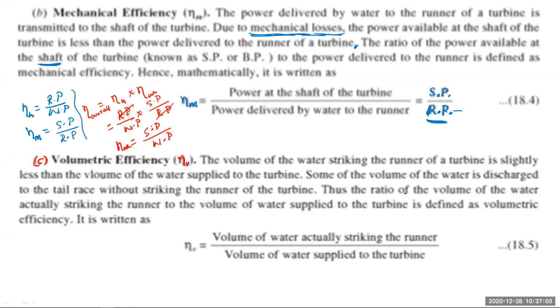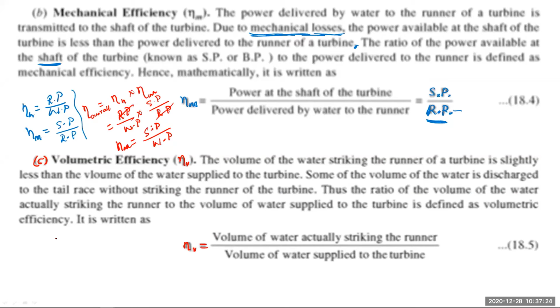Thus, the ratio of the volume of water actually striking the runner to the volume of water supplied to the turbine is called your volumetric efficiency. So try to understand what this volumetric efficiency is.